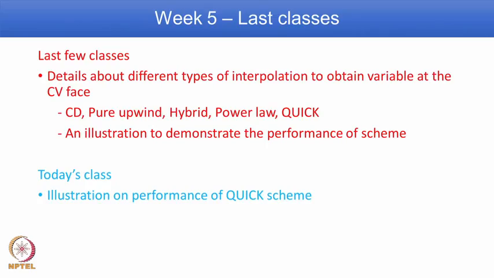We also took an illustration and explained the performance of the central difference type scheme as well as the pure upwinding scheme. In today's class we will particularly see the performance of the QUICK scheme for the same illustration.